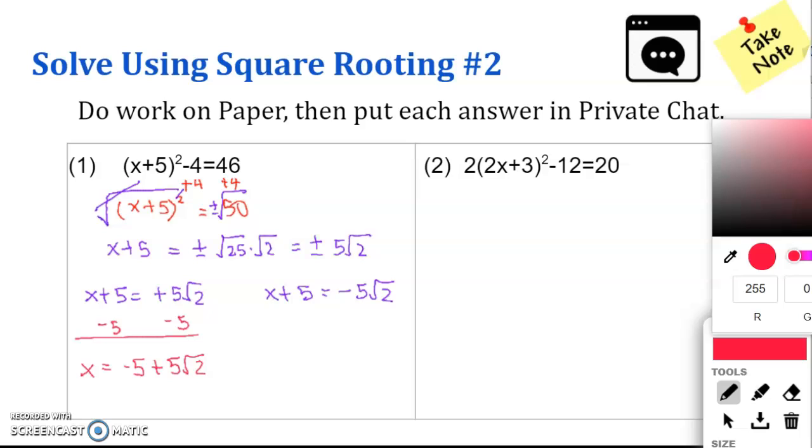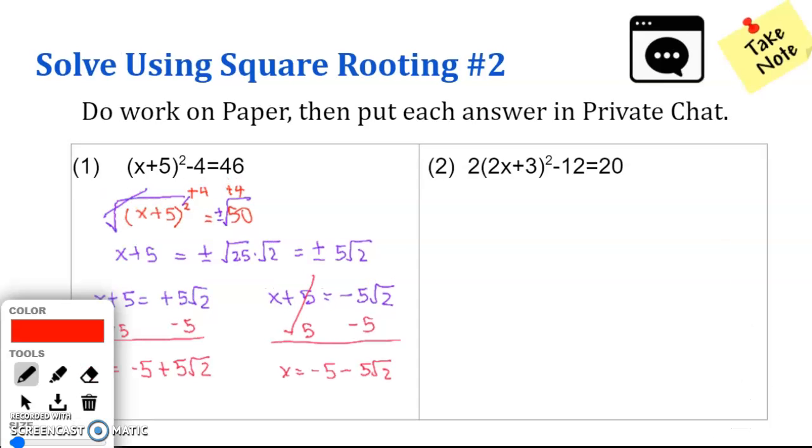I cannot simplify this further because 5, just a number, and the radical being multiplied to a number are not like terms, they're not like radicals. So that means that's the simplest form that I can leave it. Again, I'm going to subtract 5 from both sides here, and that cancels out, and you're left with x is equal to negative 5 minus 5 root 2. And that will be my answer there.